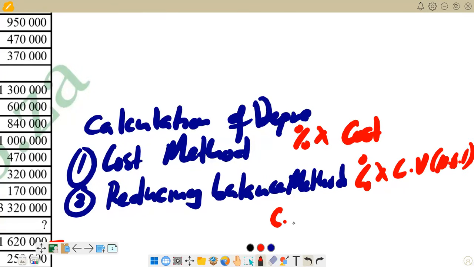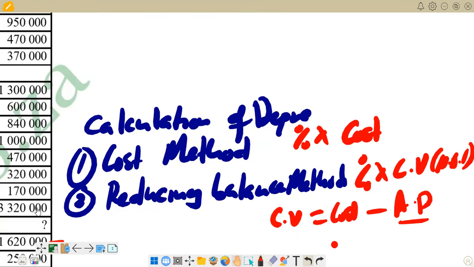Find the carrying value first: cost minus accumulated depreciation for that non-current asset, and the accumulated depreciation is the depreciation of that non-current asset from the day it was purchased up to date. But in this case, we are told that it is the cost method. So we are just going to say percentage times the cost that we are given in the question.